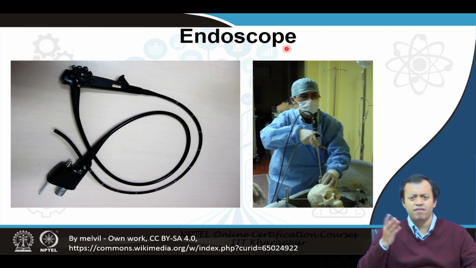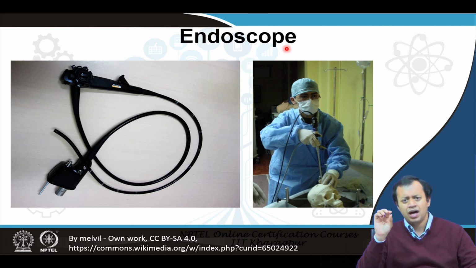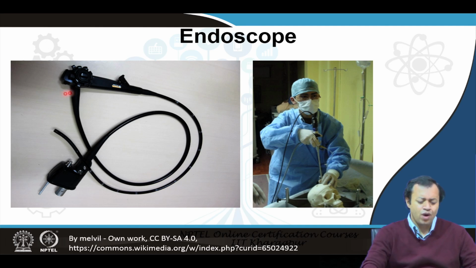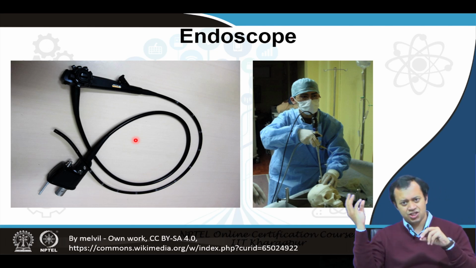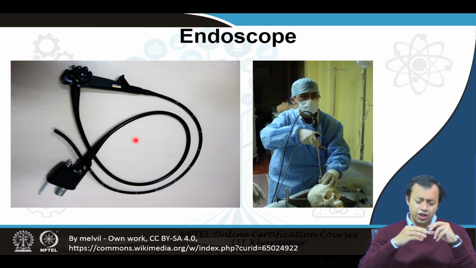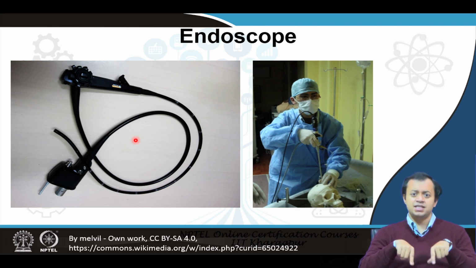All of you who have visited a hospital know there is a different section for endoscope or endoscopy. What does endoscope mean? Well, it is basically a tube which guides light. So, you have an endoscope, there is an external source of light, and the light is guided through the tube, which is put inside some kind of orifice, say inside the mouth.